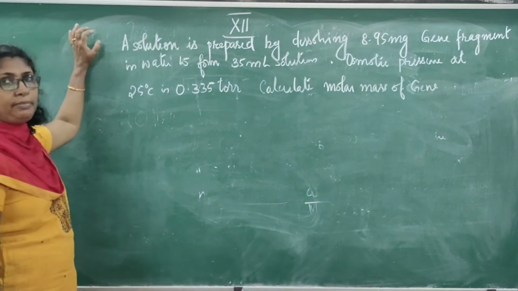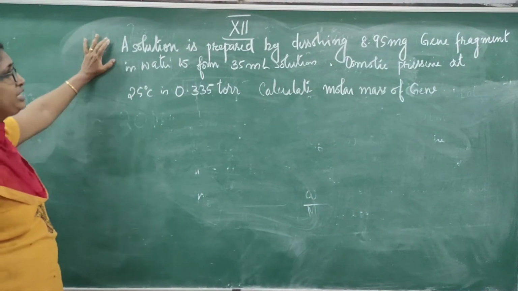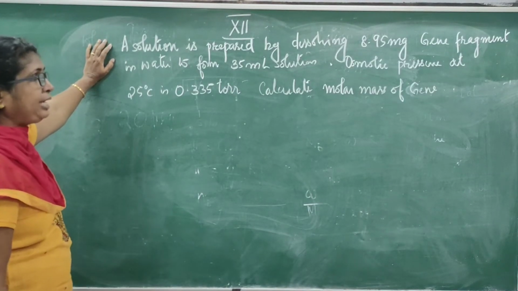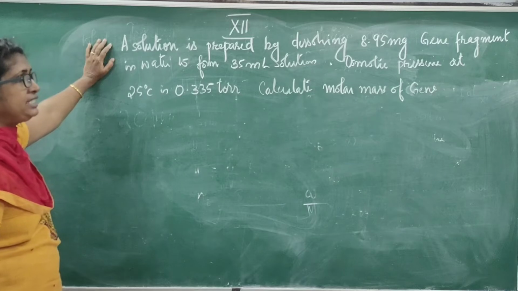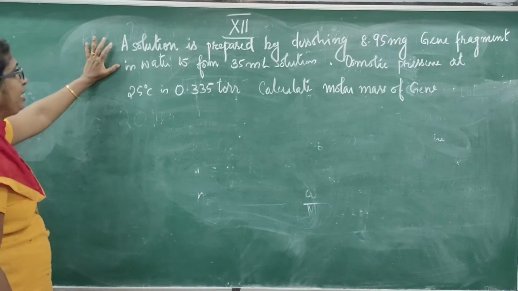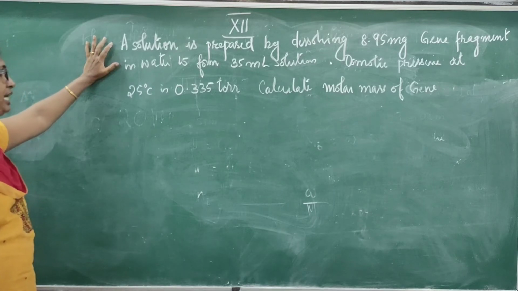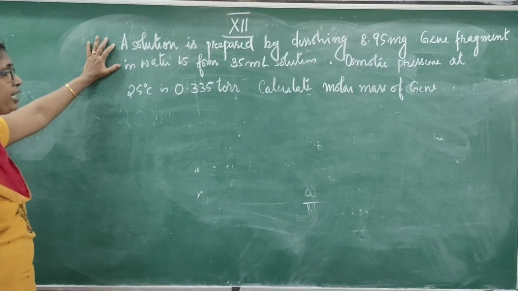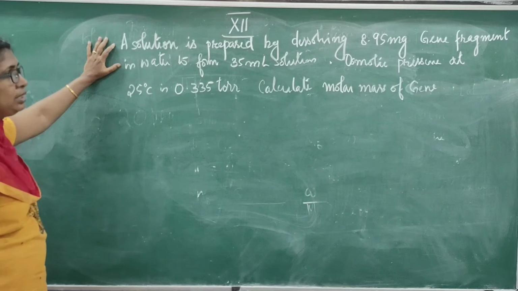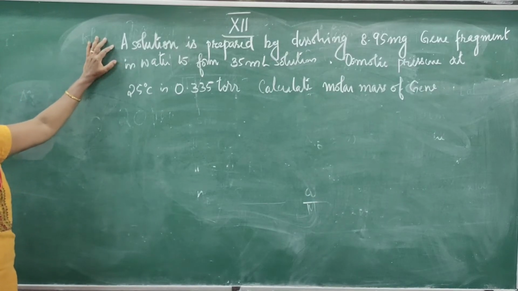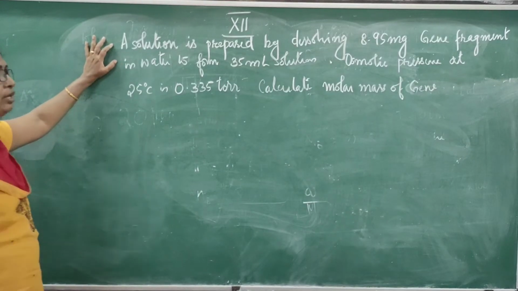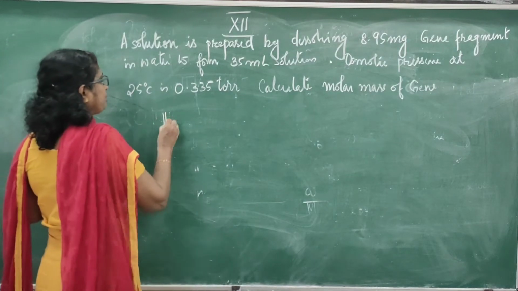So here is a question based on osmotic pressure. A solution is prepared by dissolving 8.95 milligram of a gene fragment in water to form 35 ml solution. Osmotic pressure at 25 degrees Celsius is 0.335 torr. Calculate the molar mass of the gene fragment. This is the question. Now, what is our osmotic pressure?